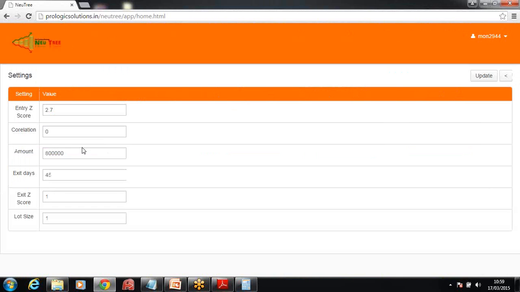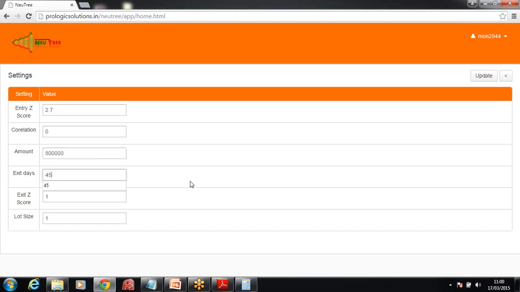So settings is nothing but you enter the Z-score here. Now I have entered it as 2.7. You can even set the correlation, I put it as 0. Average turnover on each trade I put as 8 lakhs, so correspondingly I calculate the profit for this 8 lakh investment only.